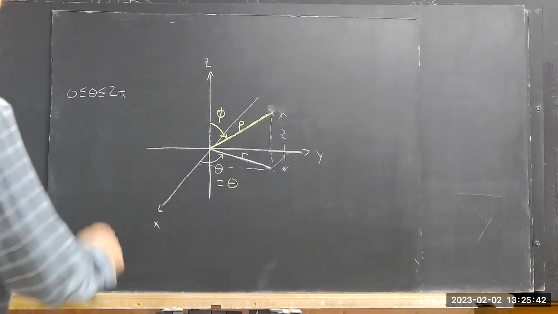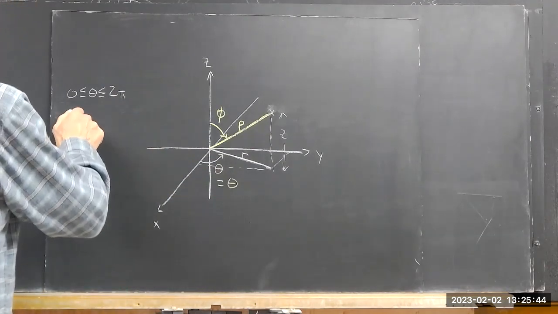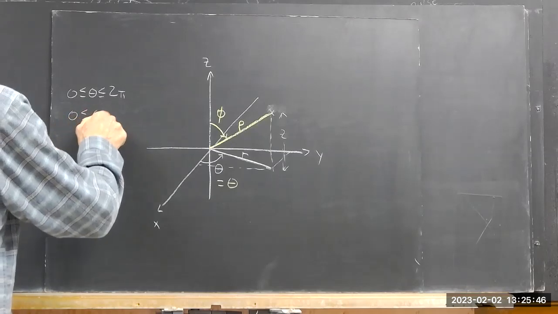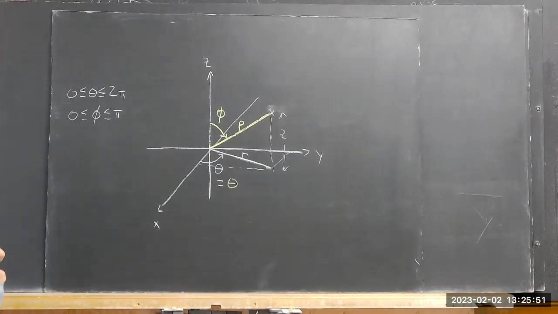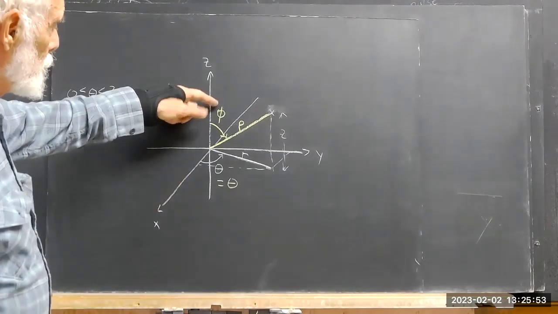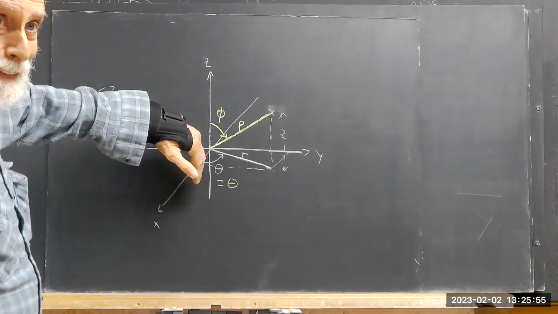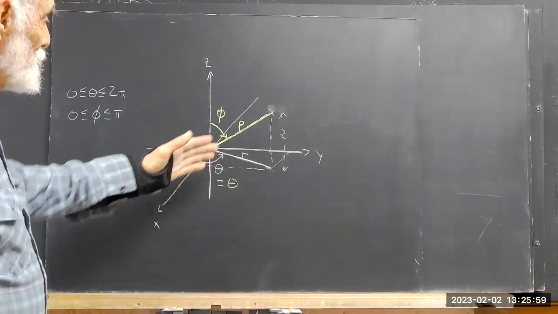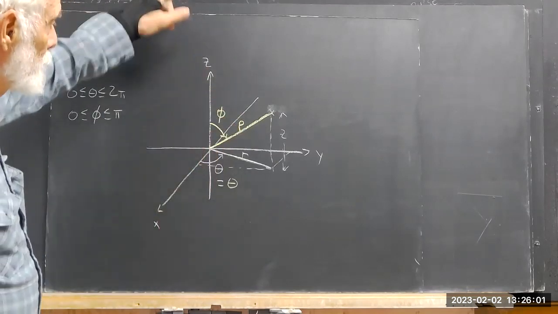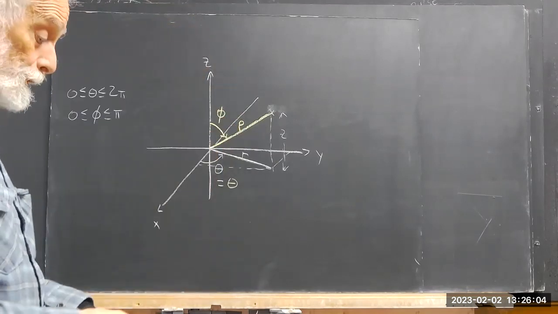Phi is the angle with the z-axis. It only goes down to pi. You don't have to go any lower than the bottom. Okay. So if rho goes all the way down here, you've got all positive and negative possibilities of z.